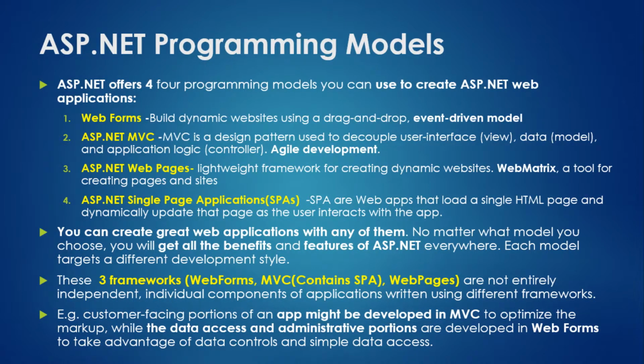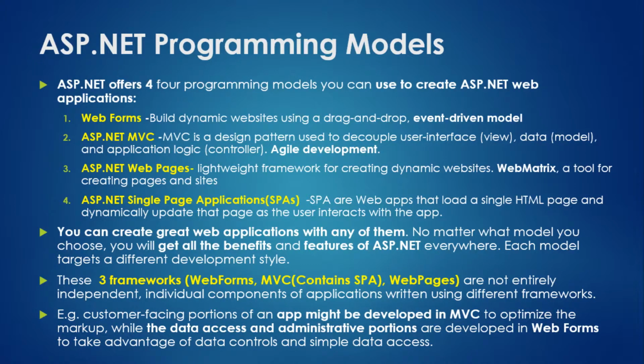Next we learn about the ASP.NET programming models. This is basically a theoretical concept, but you must know what it is. In this programming model, we are learning four programming models, or we can say three. In some scenarios they mention three frameworks also.